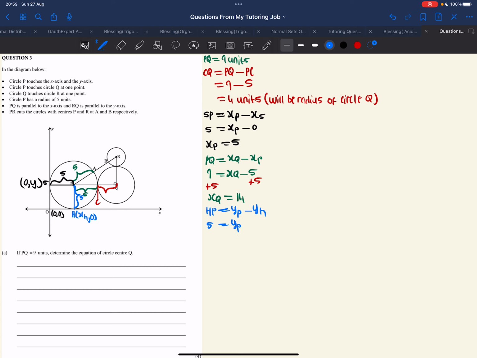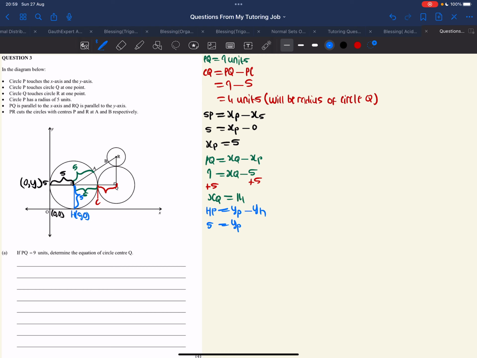Actually, XH is going to be 5, I'm sorry about that, because H is on the same vertical line as P, and the x coordinate of P we just found to be 5. So let me write out H in the most correct manner: H will basically be 5 comma 0.